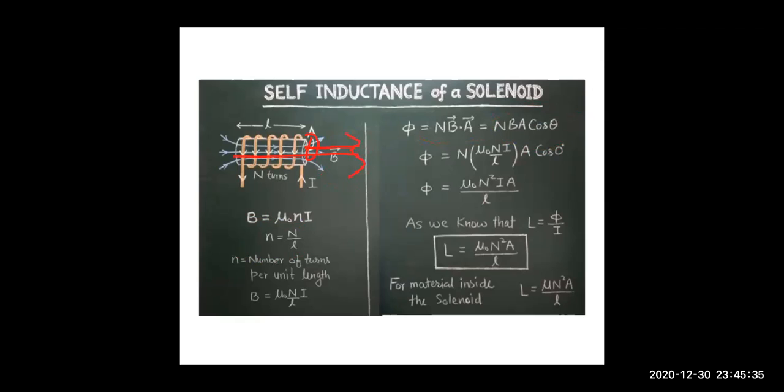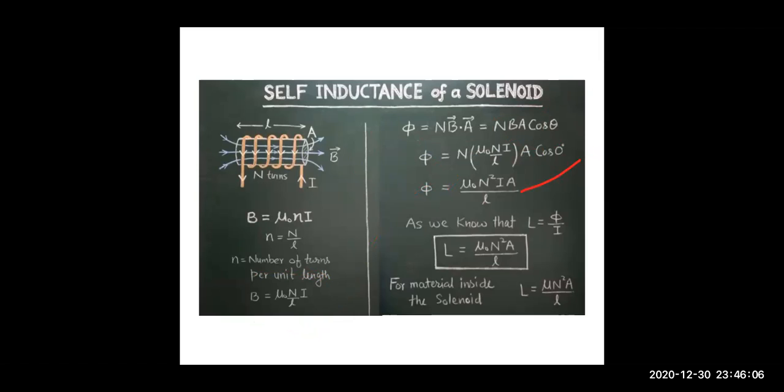So the angle between them is 0. So here we substitute the value of theta as 0, and we put the value of B from here. On substituting the value of B and theta as 0, cos 0 is 1, so the flux phi will be equal to mu 0 capital N square I A upon L.